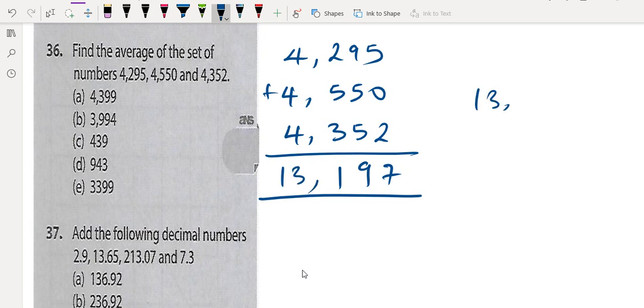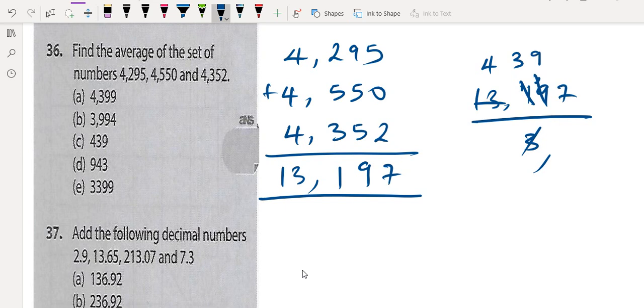So 13,197 over 3. 3 into 13 is 4, remainder 1. 3 into 11 is 3, which is 9, remaining 2. 3 into 29 is 9, which is 27, remaining 2. 3 into 27 is 9. So 4,399. Option A.